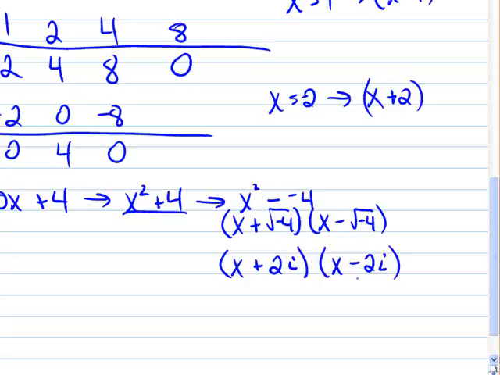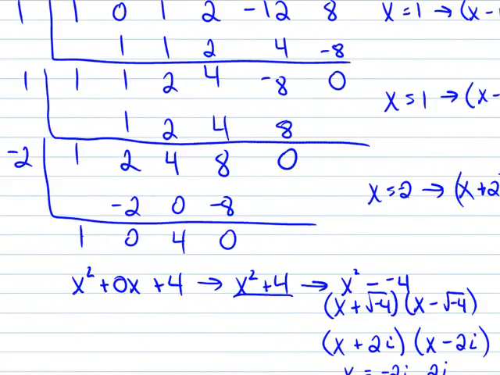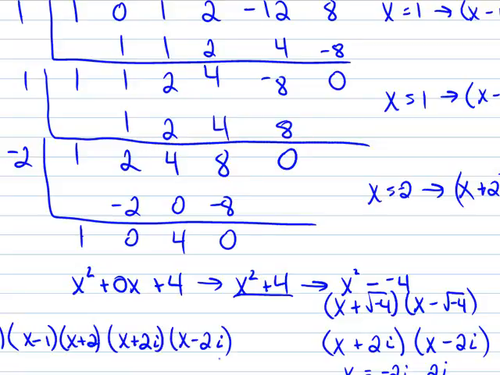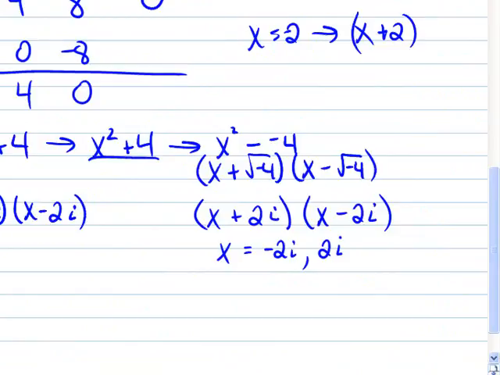And we could also say if x plus 2i is a factor, then x equals negative 2i is a zero. If x minus 2i is a factor, then x equals 2i is a zero. So for our list of factors, we have x minus 1, x minus 1, x plus 2, x plus 2i, x minus 2i. 1, 2, 3, 4, 5. 5th degree polynomial, 5 zeros, 2 of which are complex, 2 of which are repeating. We kind of get everything mixed into that one example. I like that.